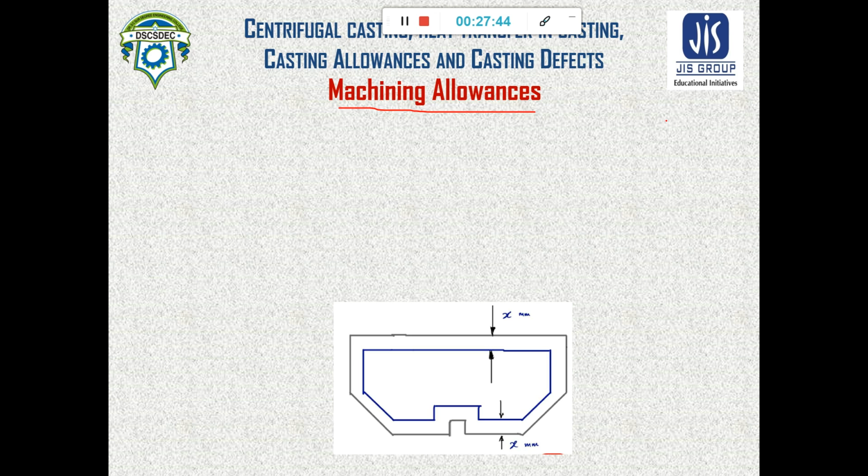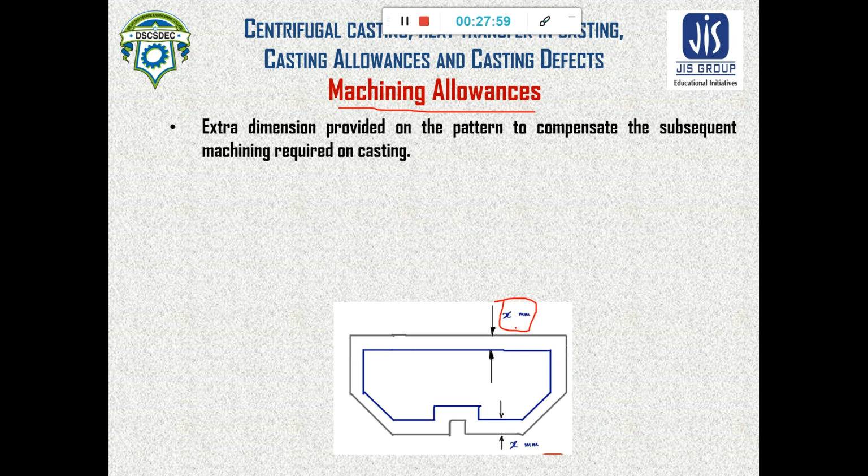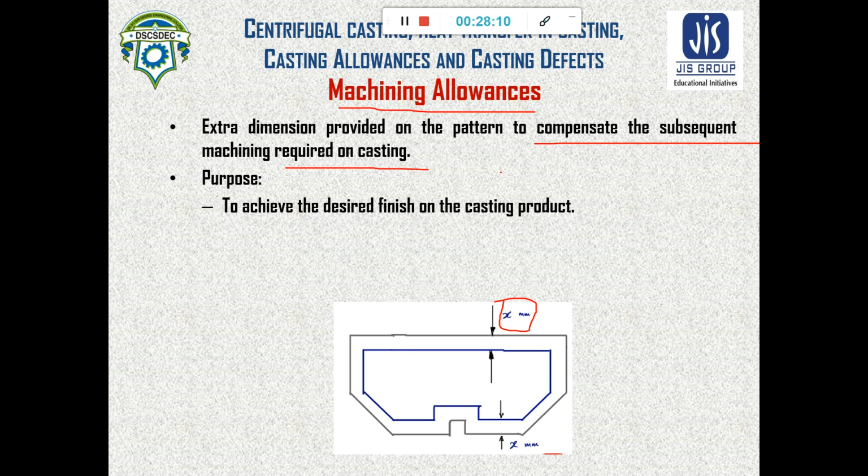That surface finish can be achieved using a machining process. So that's why some amount, some millimeters, that is x, is added to the casting, which is known as machining allowance. So extra dimension provided on the pattern to compensate for subsequent machining required on the casting is known as machining allowance. The purpose is to achieve the desired surface finish of the casting.